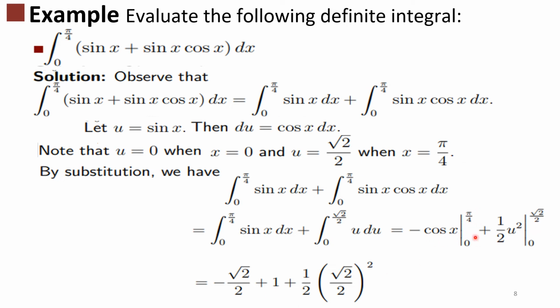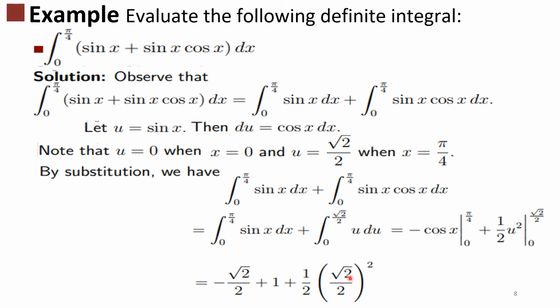So negative cosine of pi over 4, but cosine of pi over 4 is square root of 2 over 2. Then we have minus of minus, which becomes plus, cosine of 0, which is equal to 1. Then we have 1/2 u squared, so 1/2, our u is this time square root of 2 over 2.